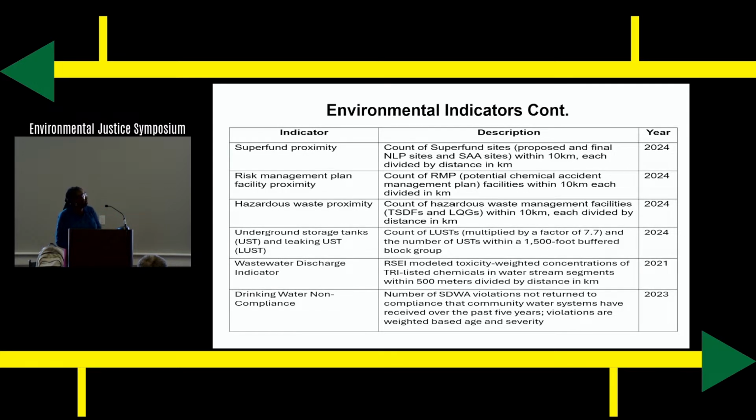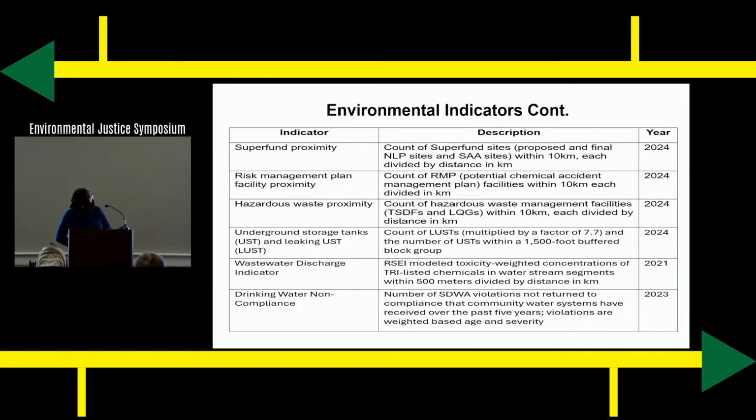Next, please. Okay. Then other indicators, we have the Superfund proximity. Those are areas where they are within 10 kilometers of any Superfund site. Risk management plan proximity. Oh, these are all 2024 data, so they are really quite recent. Then they have hazardous waste proximity.